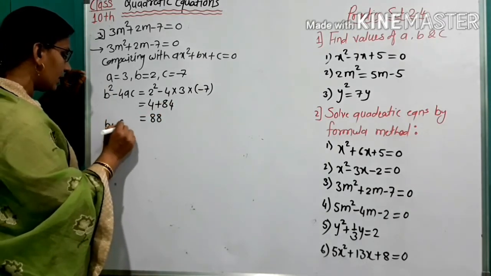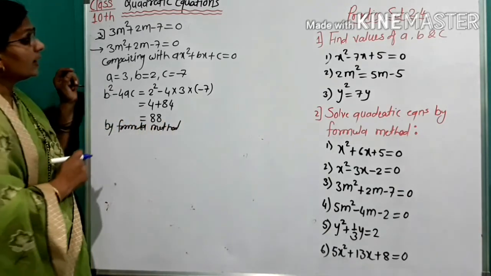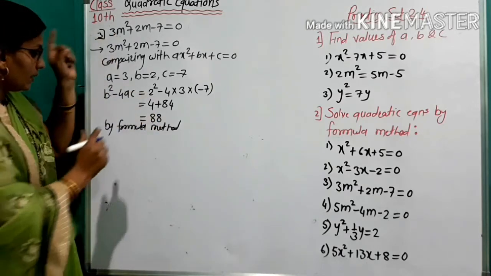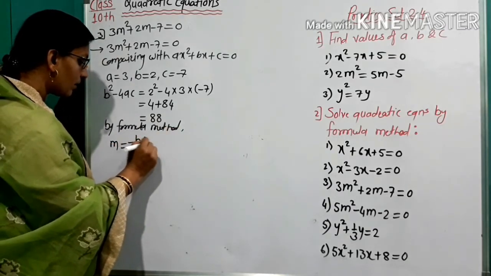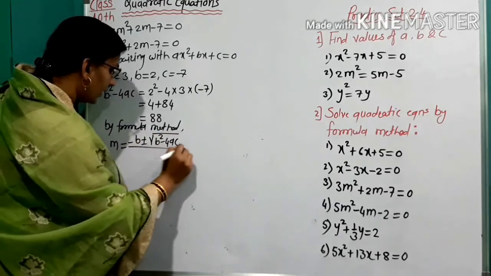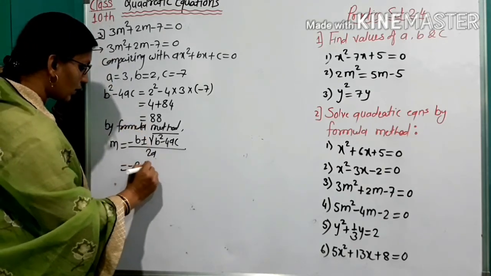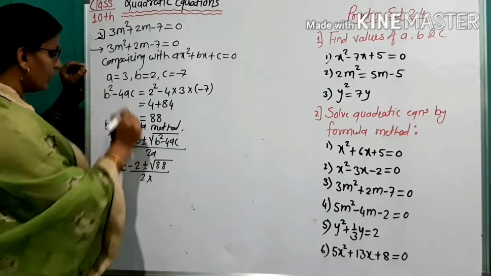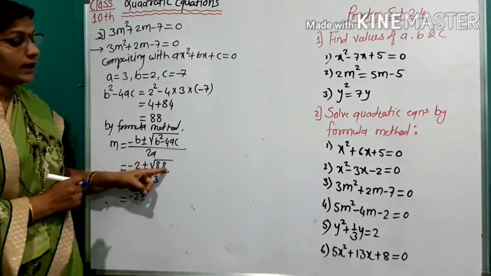Then by formula method, the quadratic equation is in the variable m. So find the value of m. m equal to minus b plus or minus under root b square minus 4ac divided by 2a, equal to minus 2 plus or minus root 88 upon 2 into 3.